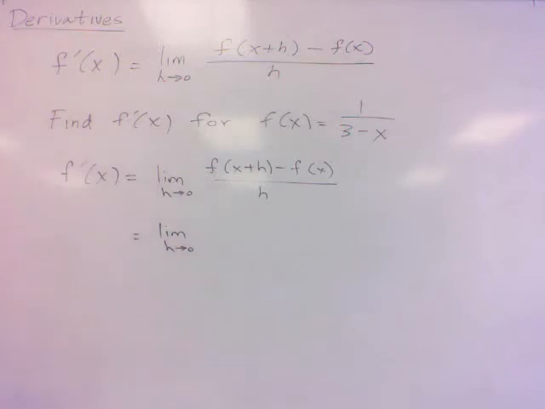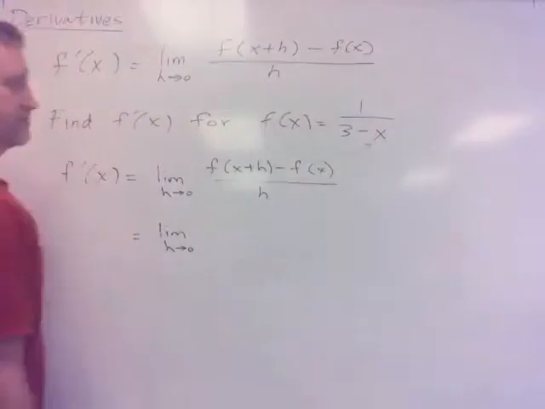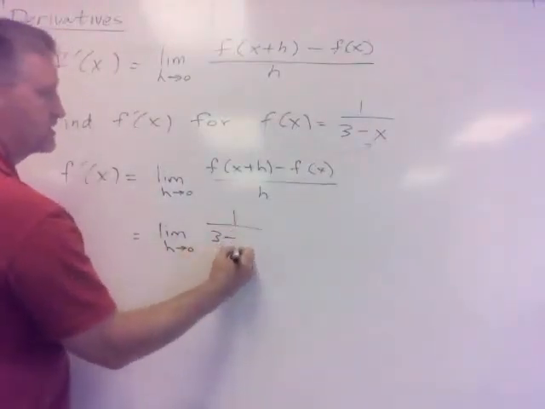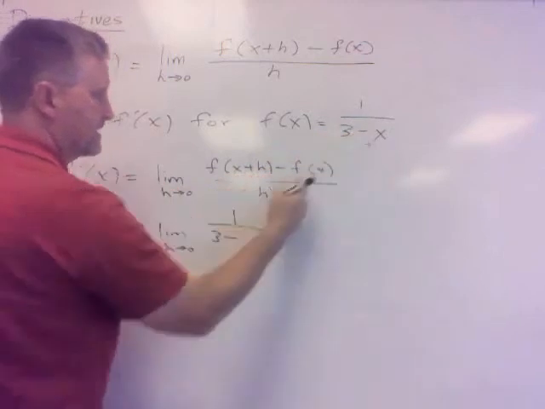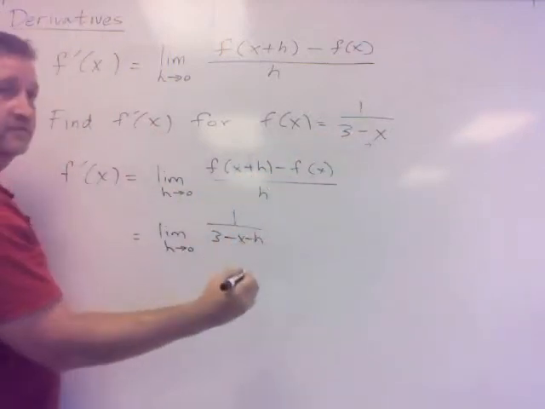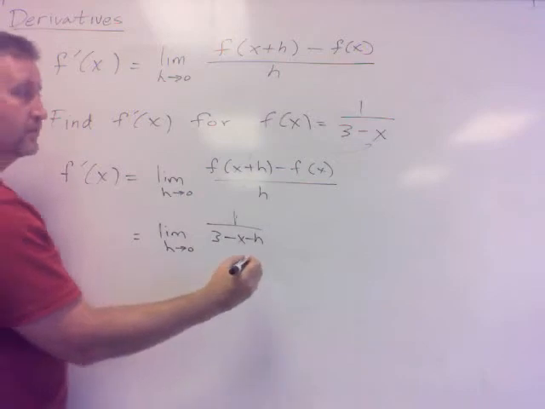All right. What is f of X plus h in this case? Well, I'm going to plug in my X plus h for X. So that'd be 1 over 3 minus, now it's minus x, so if I'm plugging in x plus h, won't it be minus x minus h? Won't it? Is that right?